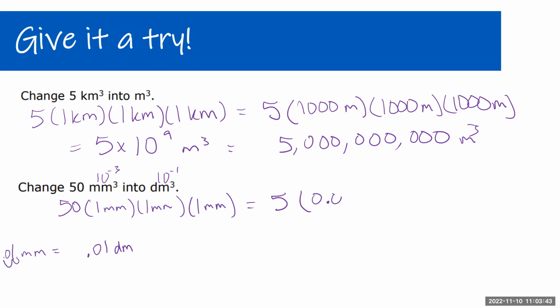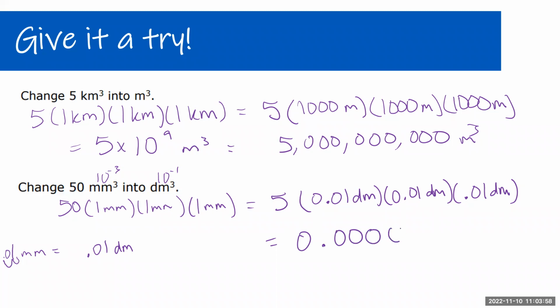So this is going to be 0.01 decimeter times 0.01 decimeter times 0.01 decimeter. And plugging that into our calculator, you're going to get 0.00005 decimeters cubed. Or sometimes it'll give it to you automatically as 5 times 10 to the negative 5 decimeters cubed. Okay. Make sure that you can do these too.